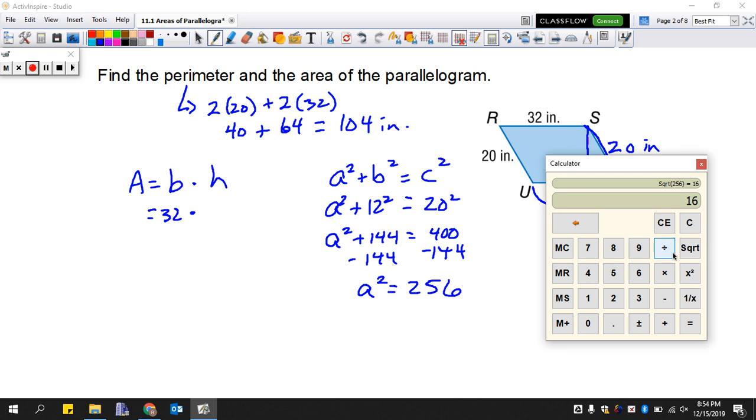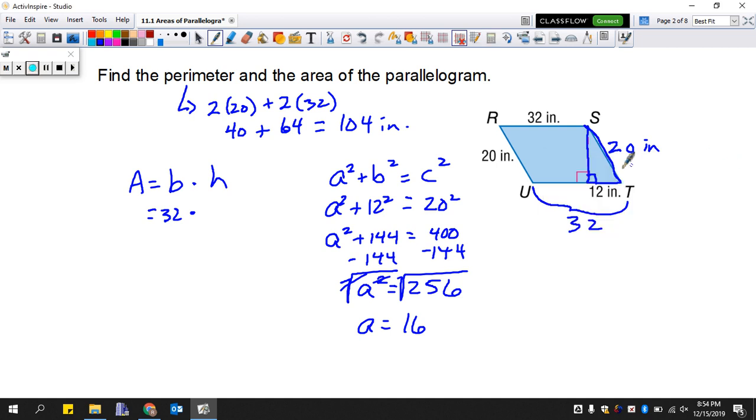We take the square root of 256 to get a, because the square root of a squared cancels the square. The square root of 256 gives us 16. So the height here is 16.